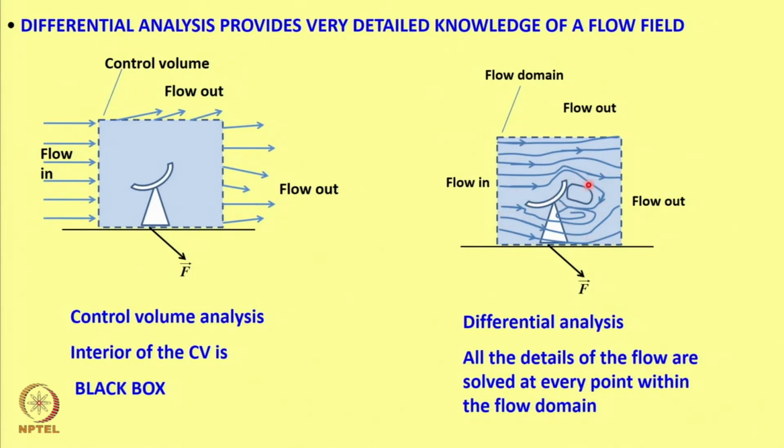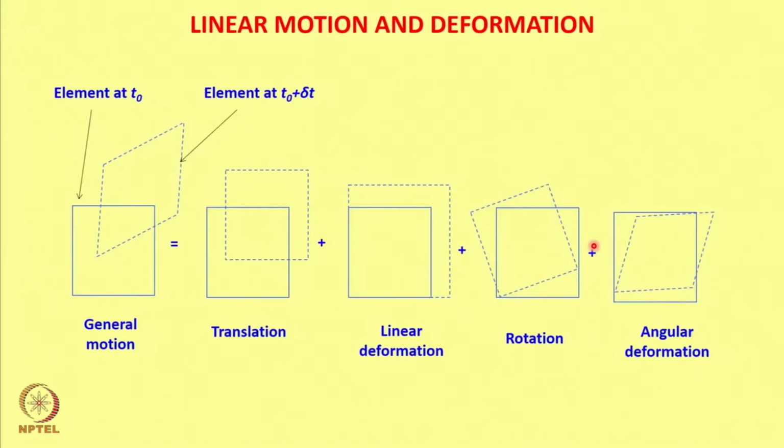Are there any vortices there? What happens to the velocity gradients? All of that we will be able to capture in the differential analysis, which is not possible in the control volume. So kind of control volume is the engineering approach, differential analysis is the scientific approach. But it's a loose statement, but nevertheless we can try to understand it that way.